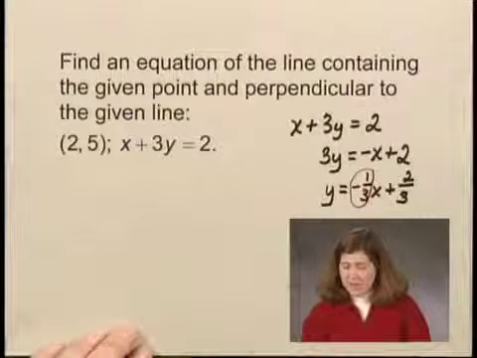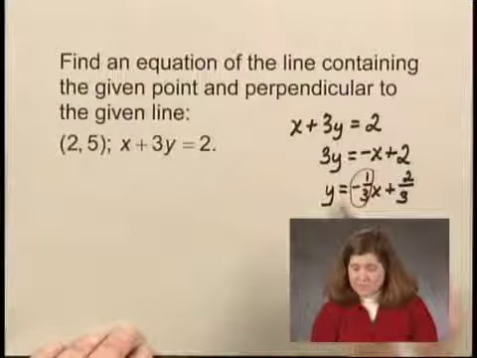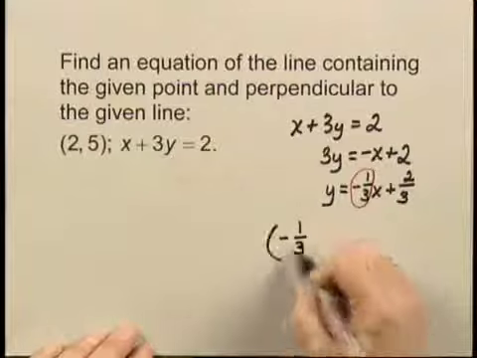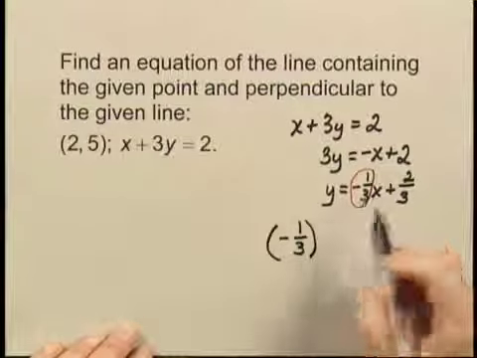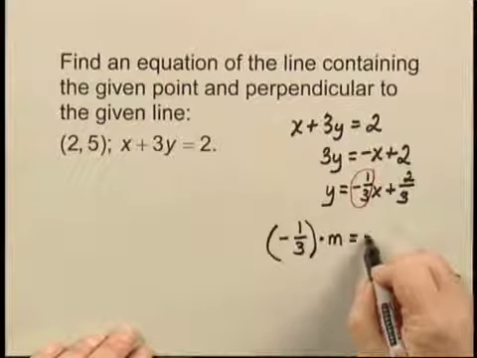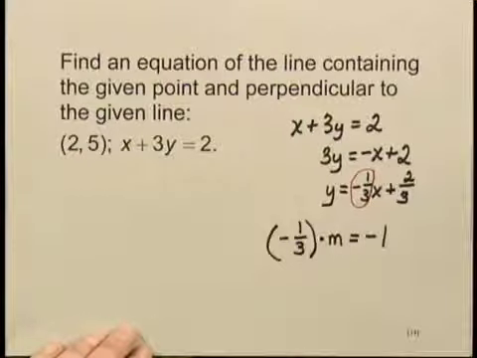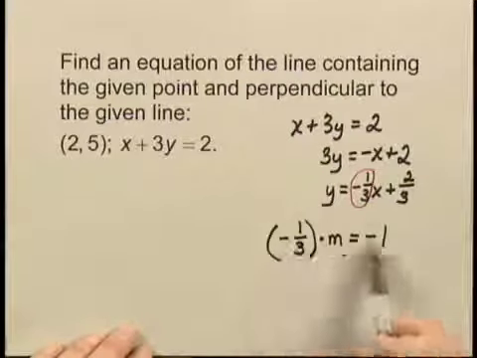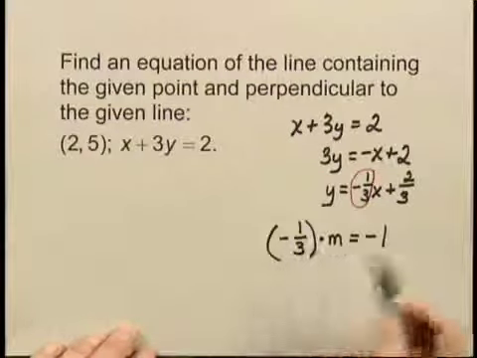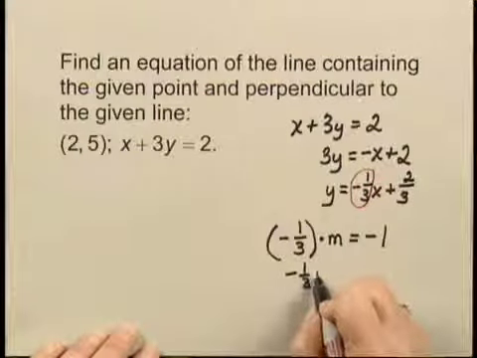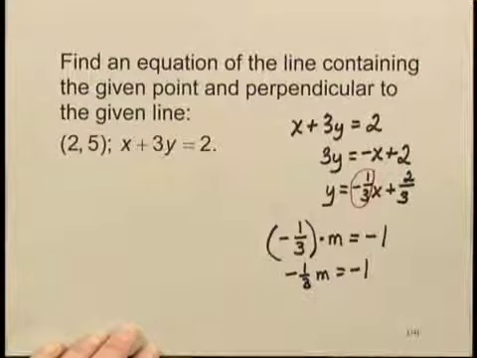The slope of the line we're looking for is some slope, m, where the slope of this line times m has to equal -1. Well, if I multiply everything by -3 here, let me write this out. This gives me -1/3 m = -1.